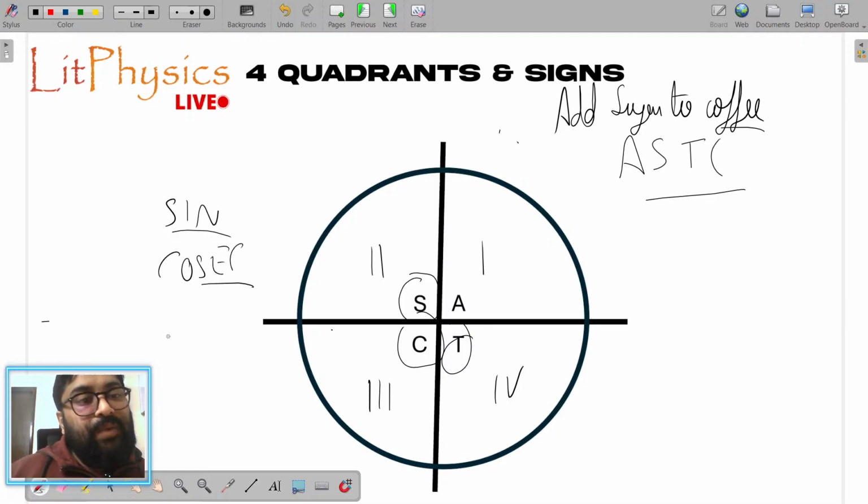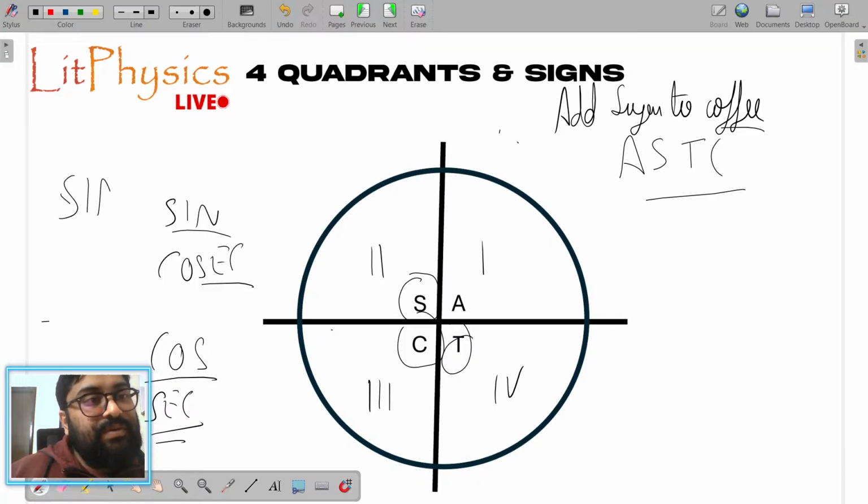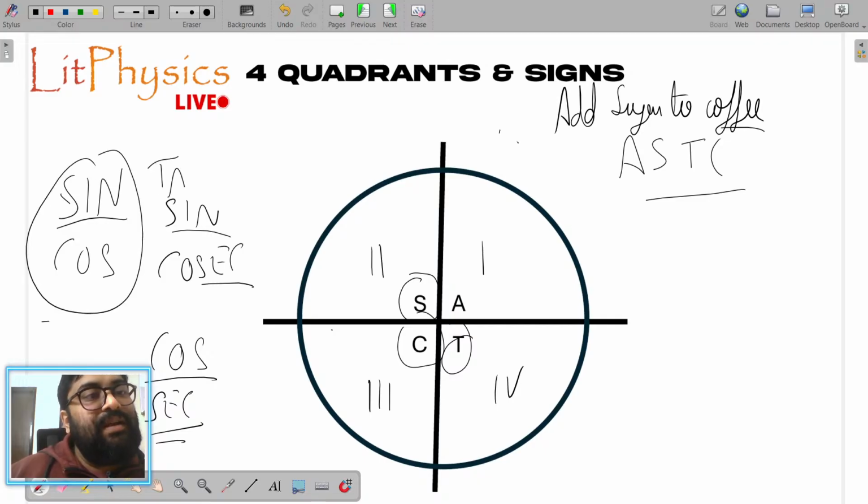And when we are talking about cos, if cos is positive, then secant will also be positive. And if sine is positive and cos is positive, then only we will get tan positive. And if tan is positive, then cot will be positive. Is that all right?